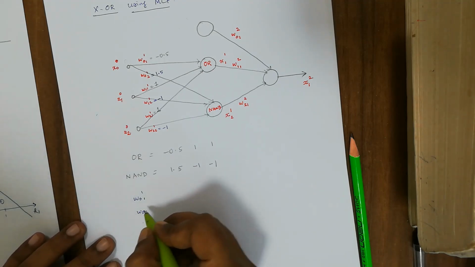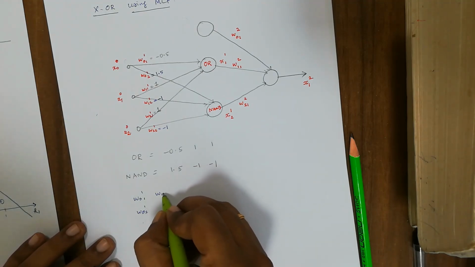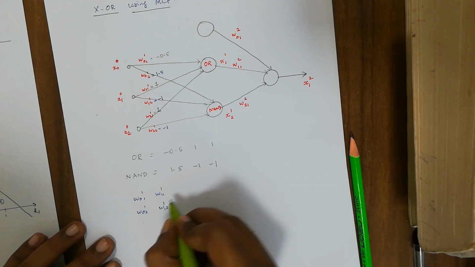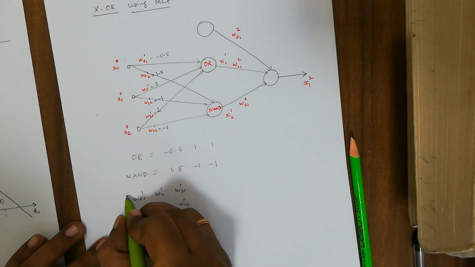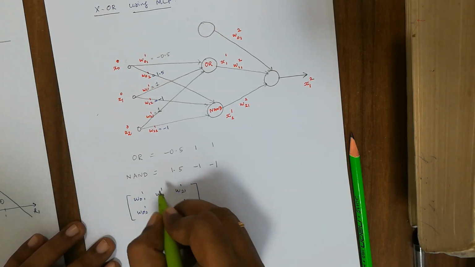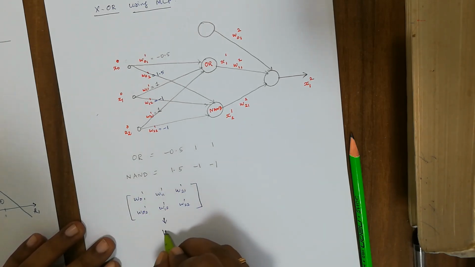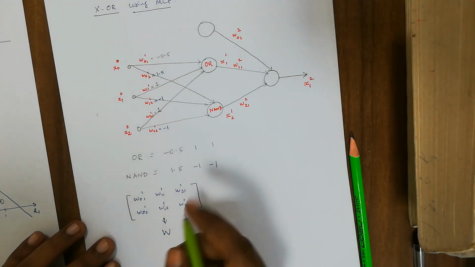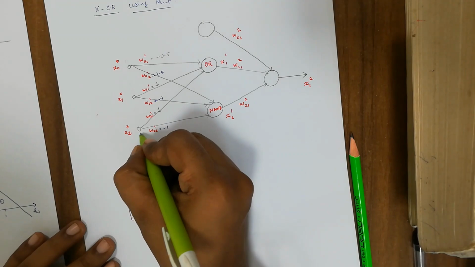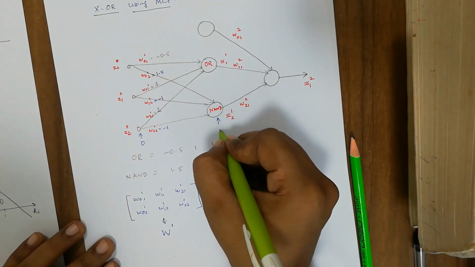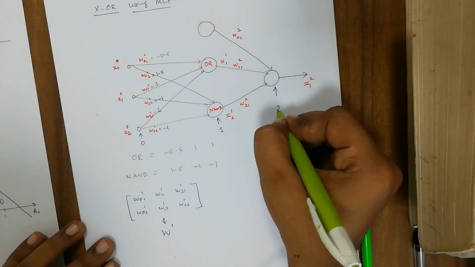W01, W02, 1, and then W111, W121, similarly W211, and then W222. So the weight vector can be represented as capital W. It's a matrix which connects to the layer which is 1. This is in the 0th layer, this is in the first layer, and this is in the second layer.